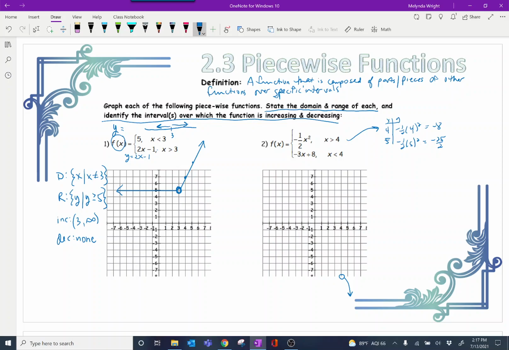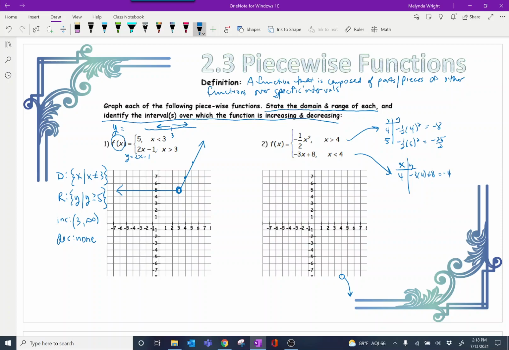Okay, now let's work on the other piece. When x is smaller than 4, again, I like to do a t-chart so I can get a feel for what's going on. I want to start at 4. So that would be negative 3 times 4 plus 8. What is that? That's negative 12 plus 8, so negative 4.